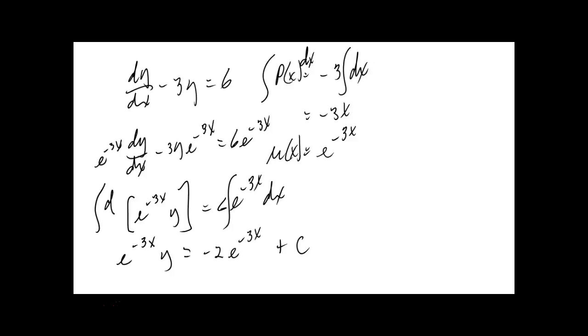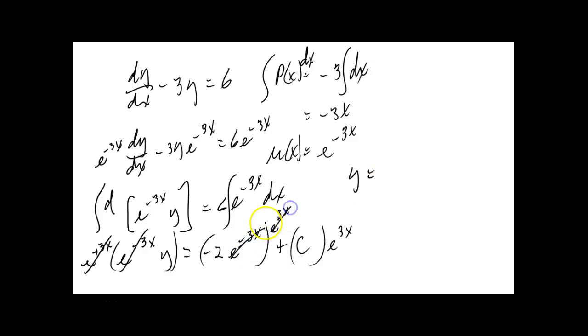It worked before, but not now. So what we do now is multiply every side of this one by e to the plus 3x. That goes to 1, so you have y is equal to minus 2 plus c e to the 3x.